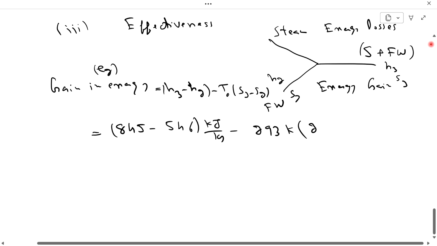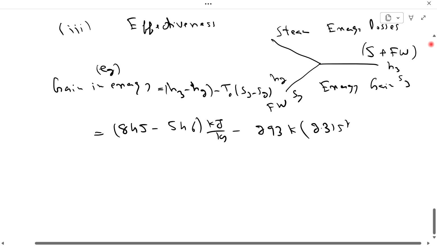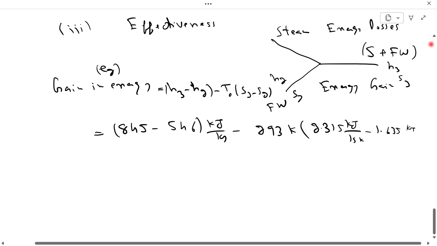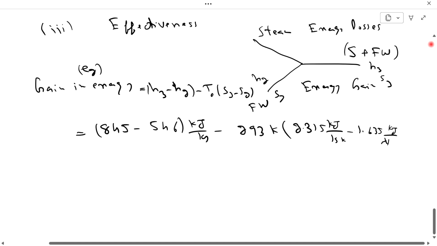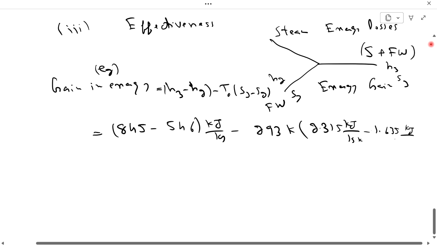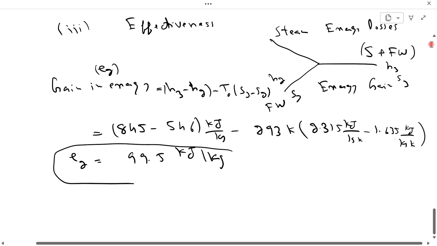S3 is 2.315 kJ/kg·K minus S2, which is 1.635 kJ/kg·K. So the gain in exergy is 99.5 kJ/kg. This is a simple calculation. The Kelvin cancels, so the final answer is in kJ/kg.